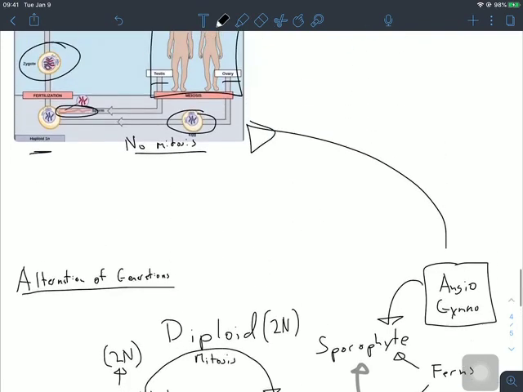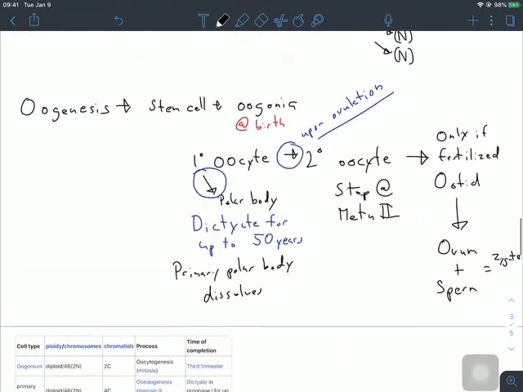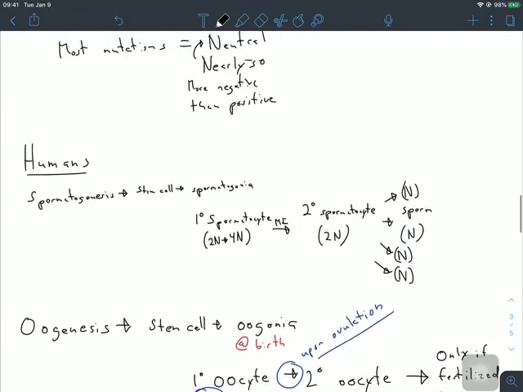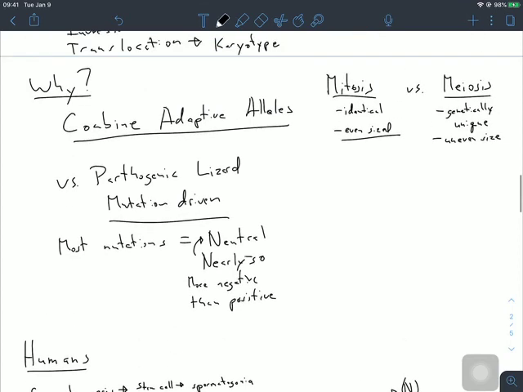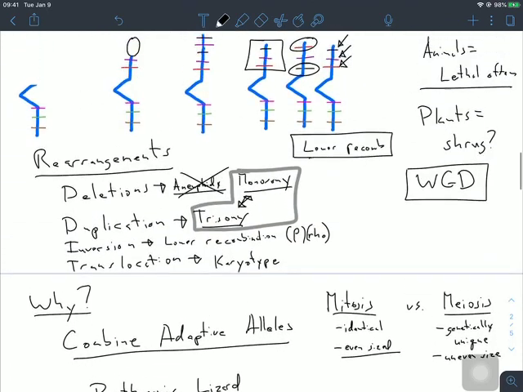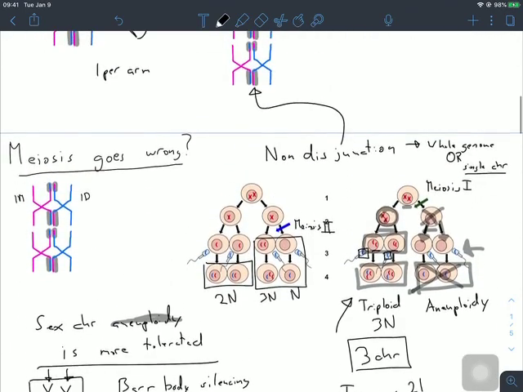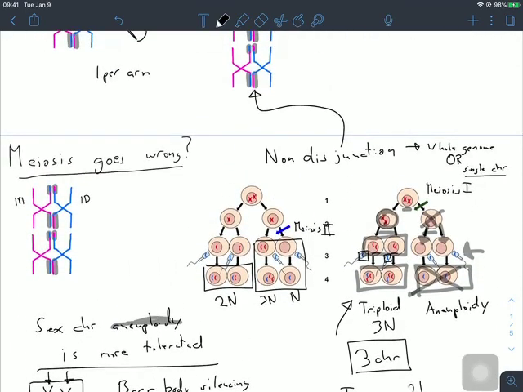So there's a lot of variation that we have between plants, between genders in humans, and then all kinds of different animals that we won't focus on in this class or any of the biology classes I teach. But I do hope that this gives you an appreciation of those variations, and I do hope that you keep track of these different chromosomal variations and abnormalities that can go wrong with meiosis.